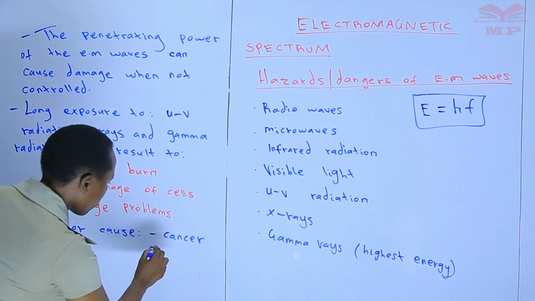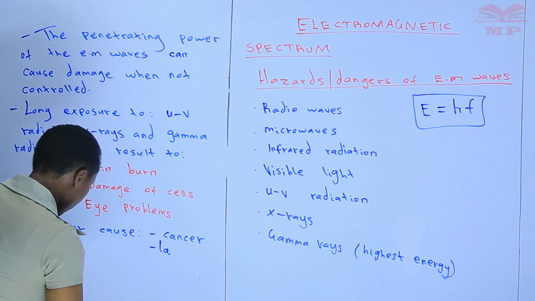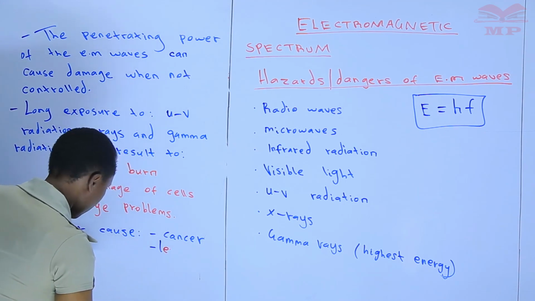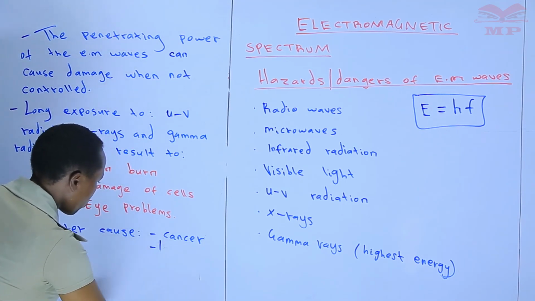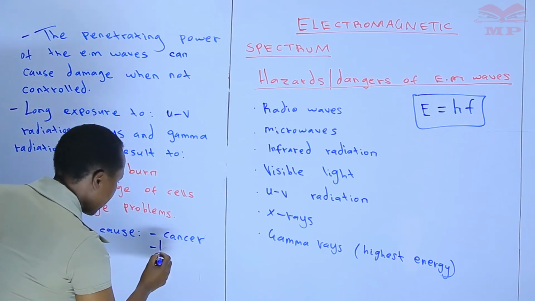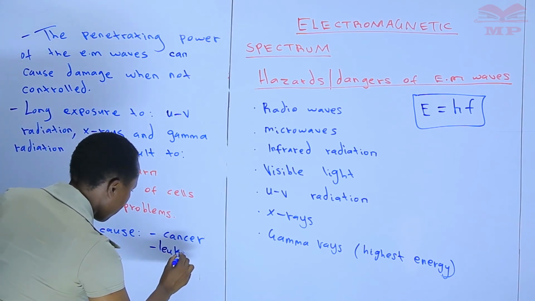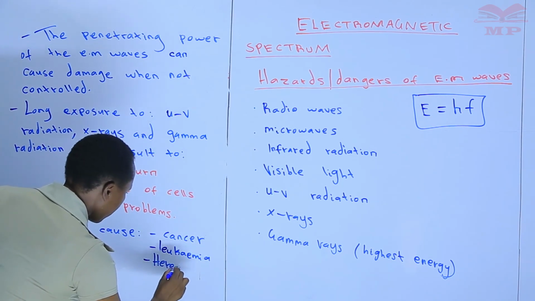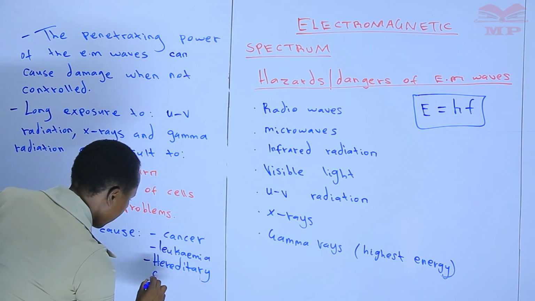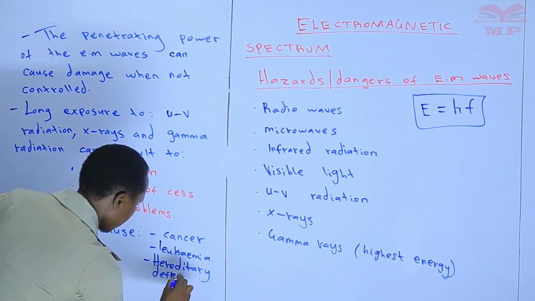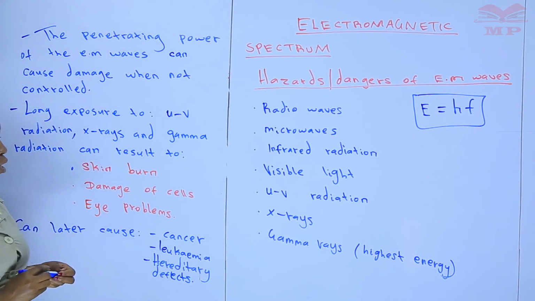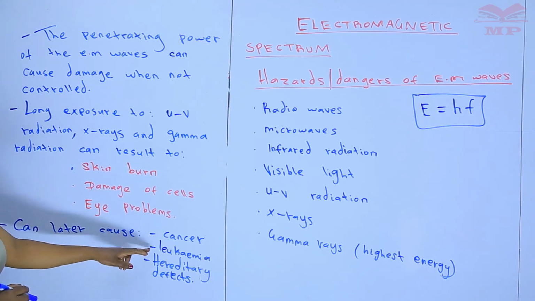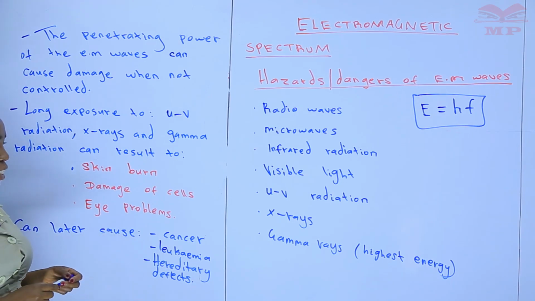It can also lead to leukemia, which is the cancer of the blood, and it can also lead to hereditary defects in children. So that is when it is not controlled. They can lead to cancer, leukemia, or hereditary defects in children.